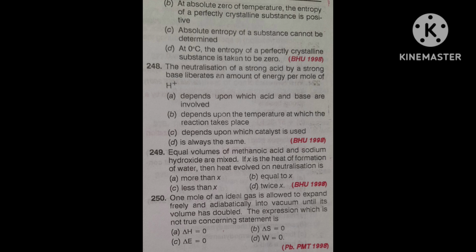Second, N2 gas at 1 atmospheric pressure is converting to N2 gas at 8 atmospheric pressure. Third, 2SO3 gas is converting to 2SO2 gas plus O2 gas. Fourth, carbon in the diamond form is converting to carbon in graphite.